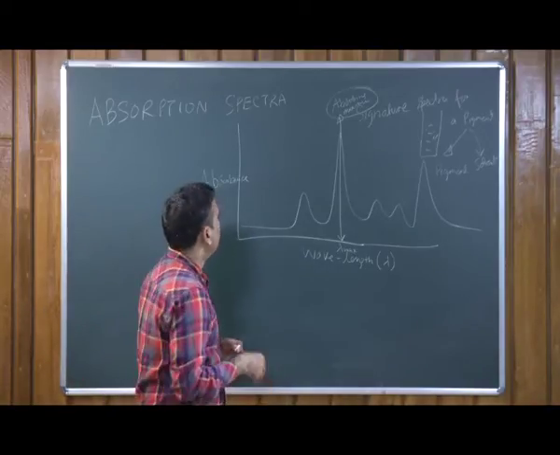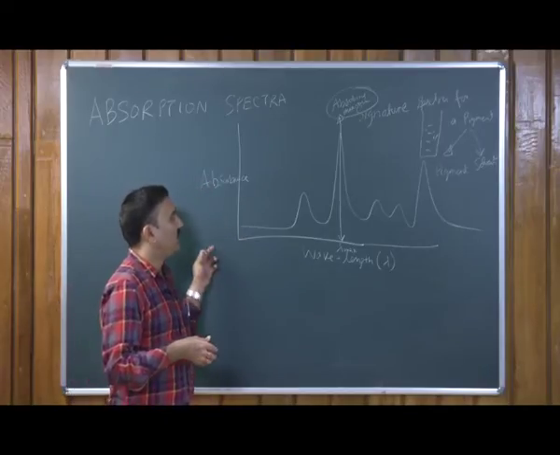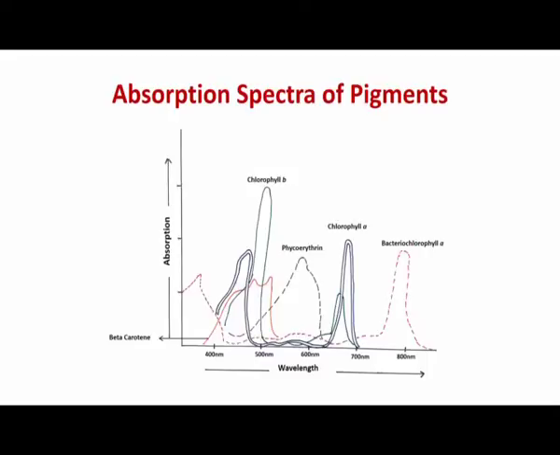So, let us see the absorption spectra of different pigments. What you can see is the spectra of different pigments, and what we are going to discuss is the spectra of chlorophyll as well as the accessory molecules. This is the spectra of chlorophyll A. Chlorophyll A is absorbing maximally in the red region, whereas chlorophyll B is maximally absorbing in the blue.